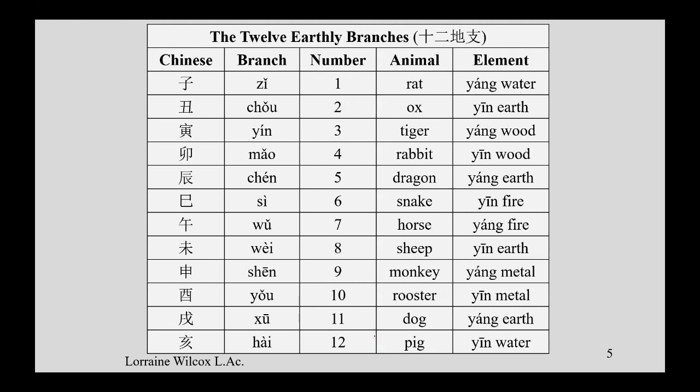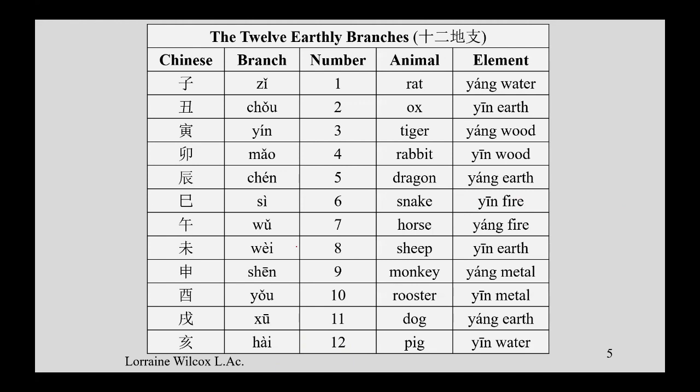You can get an image from the animal. There's no real image with the branch name, but if you say snake, that gives you an image. So, in talking to people who don't use these, animals are common. But if you're professionally doing astrology or feng shui or other things, then the grown-ups use the branch name.